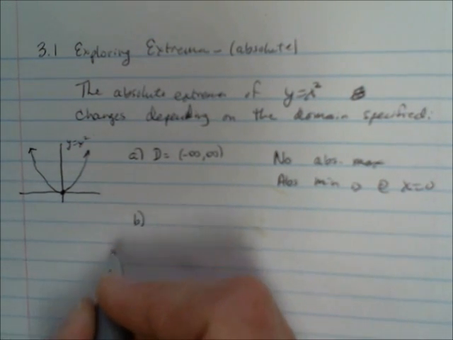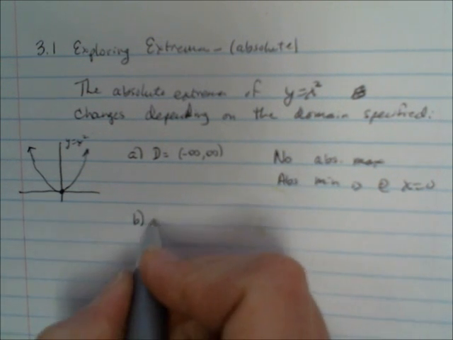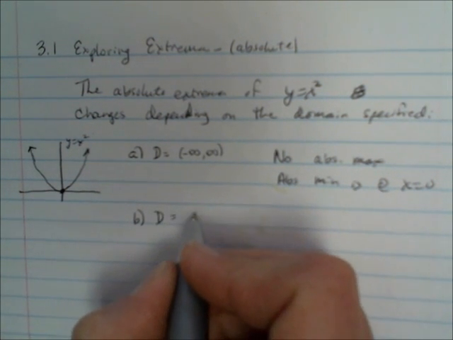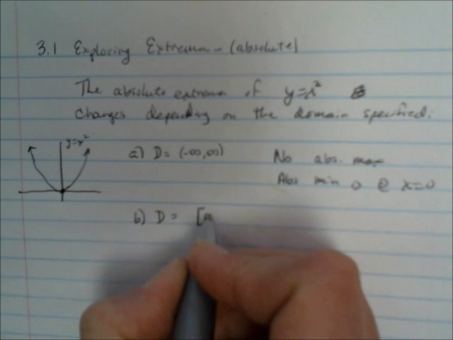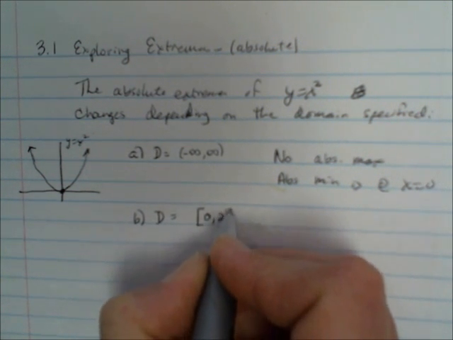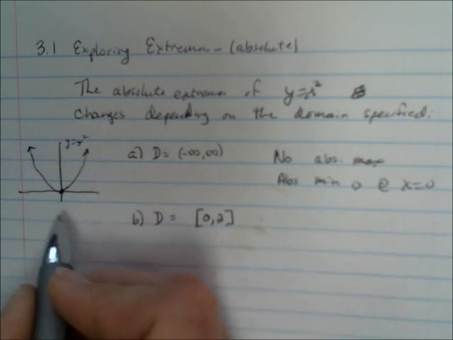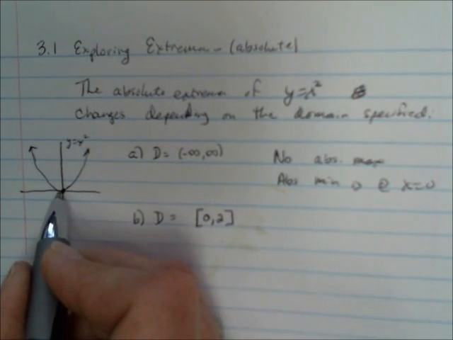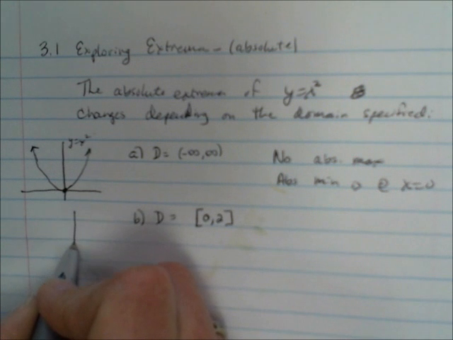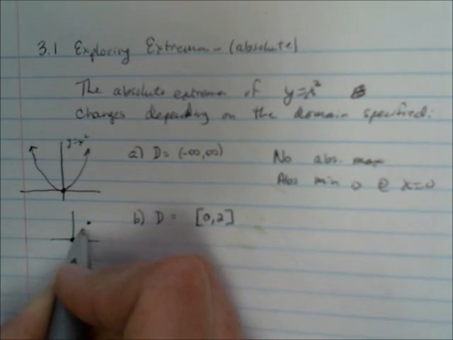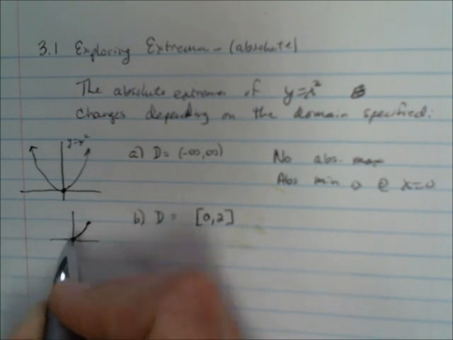So let's take a look at a different domain now. Let's take the domain restricted down to x is equal to 0 all the way up to 2. 0 and 2 are both included in this domain. So if you took a look at just that portion of the graph, I'll sketch that here. It starts here and it ends here, and it's just a little part of this parabola like that.